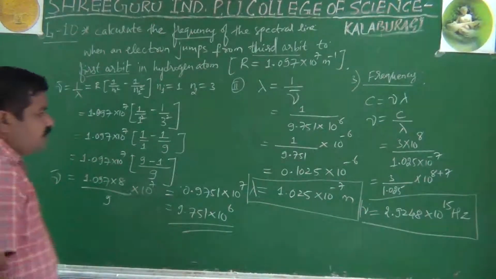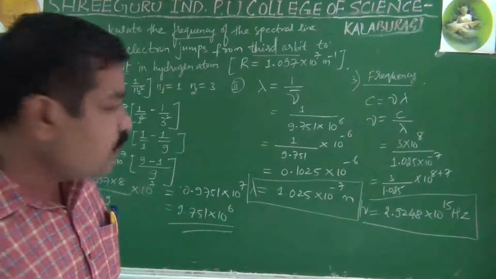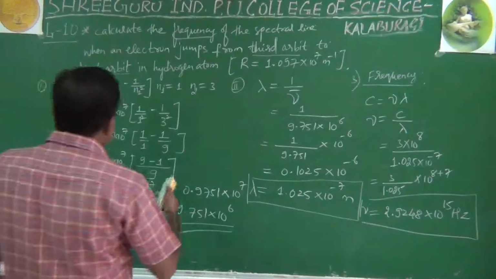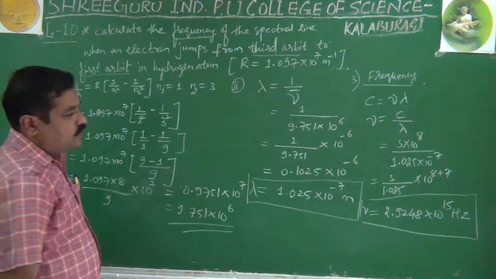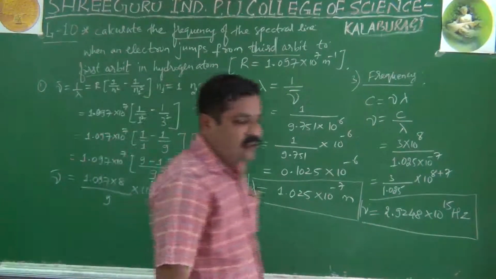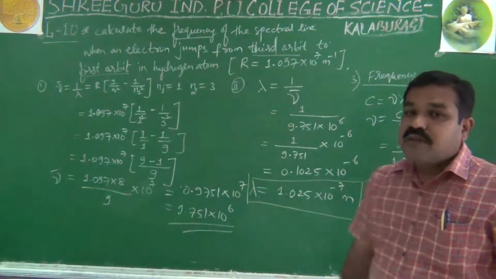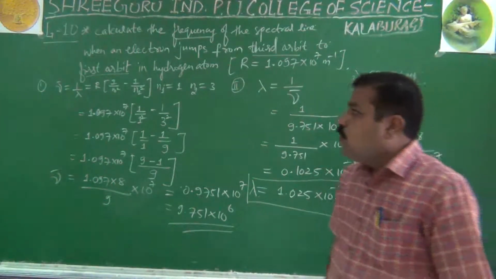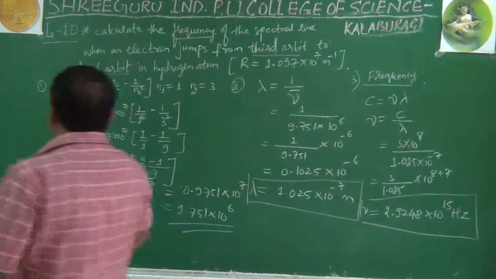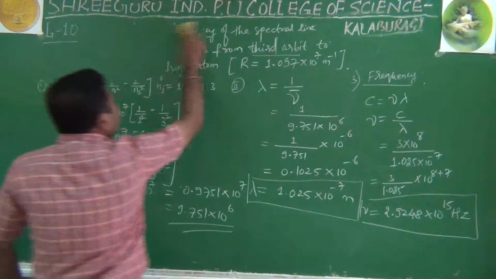Now suppose we go for another variety. I think we have completed this, and you understood this problem also, that is the third numerical, how to calculate the frequency. Now, without wasting your time, let us move on to the next numerical.